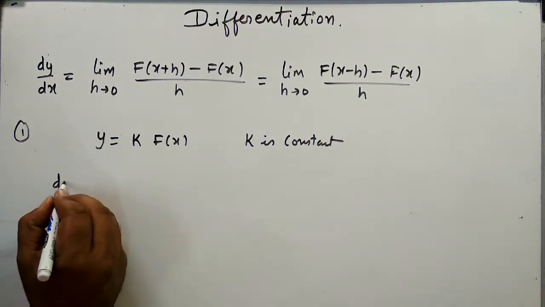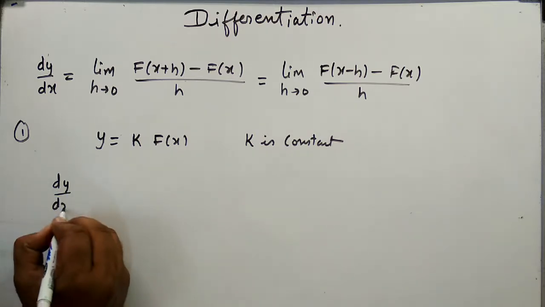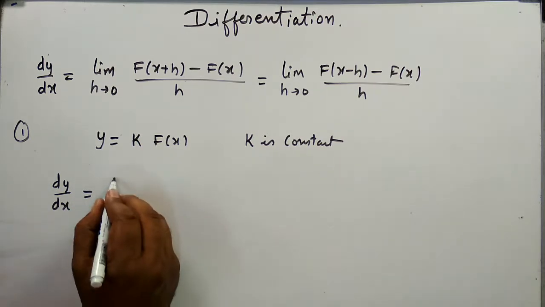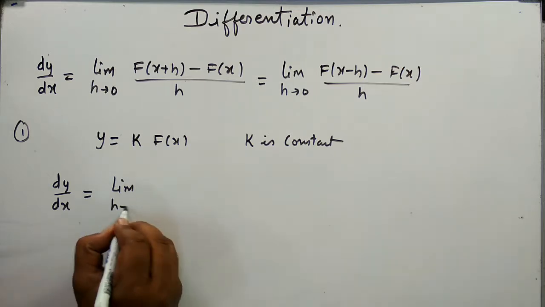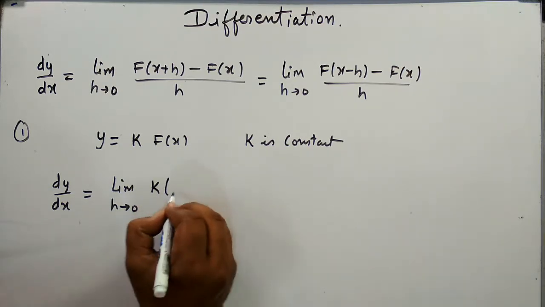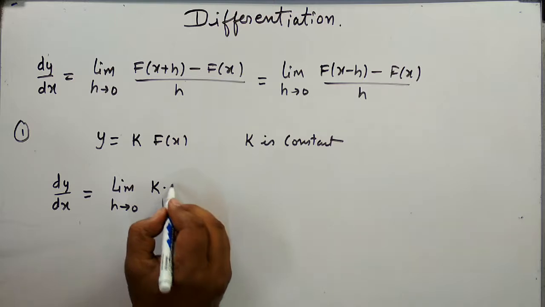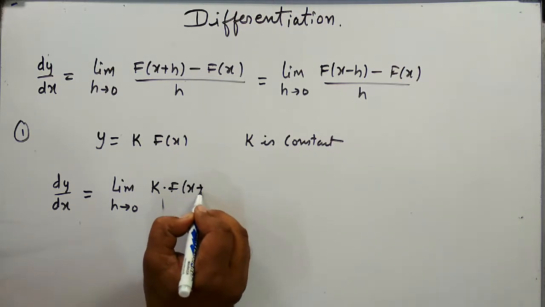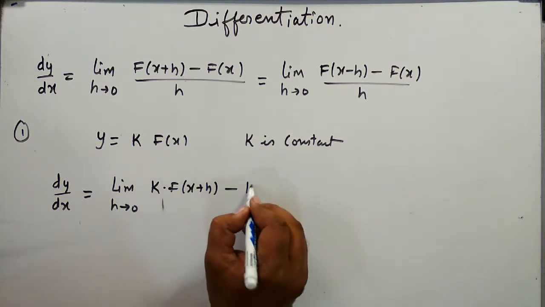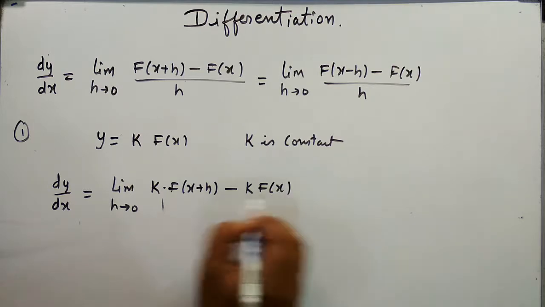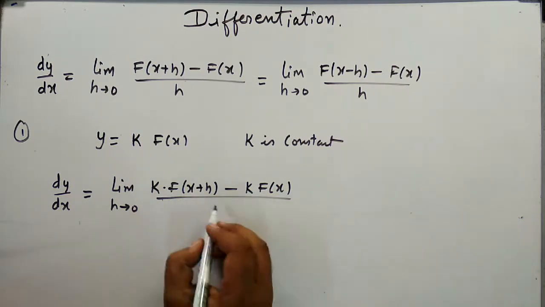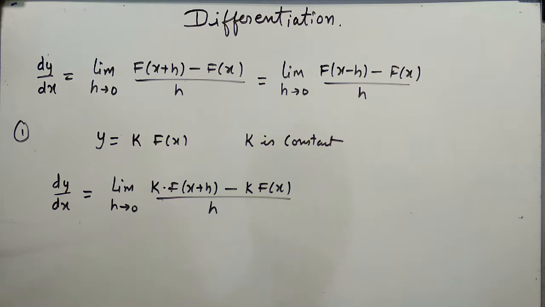If we differentiate this, we get dy by dx equals limit h tending to 0 of k f(x plus h) minus k f(x) upon h.